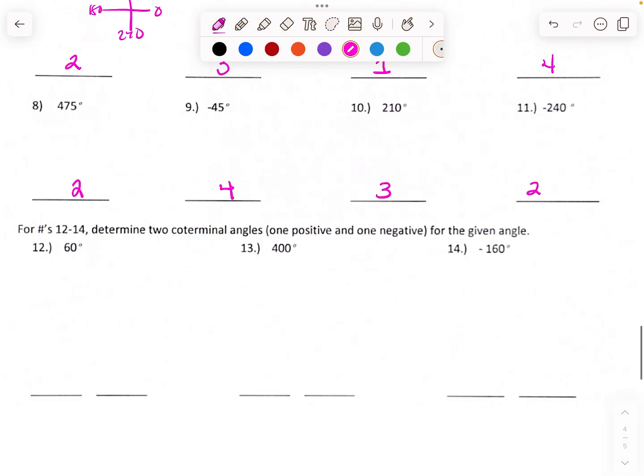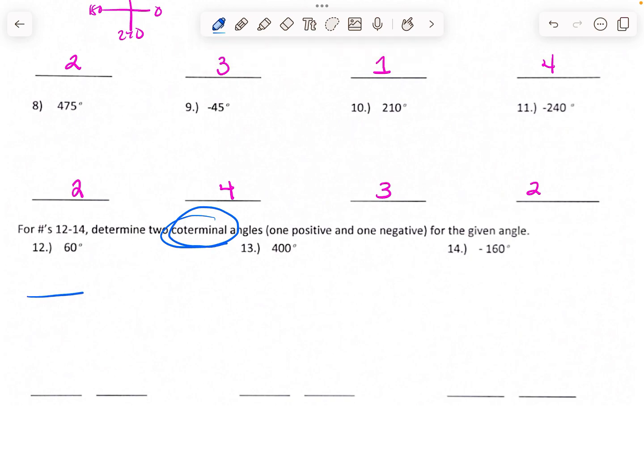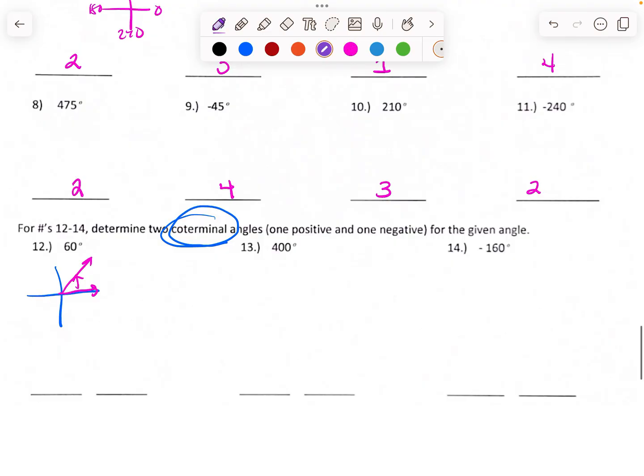All right, so the only thing we didn't touch on, that I didn't do a few examples of, was this idea of coterminal. So if you have a 60-degree angle, I want another angle that begins and ends at the same spot, meaning it's a full circle different, meaning it goes around once and then ends there.